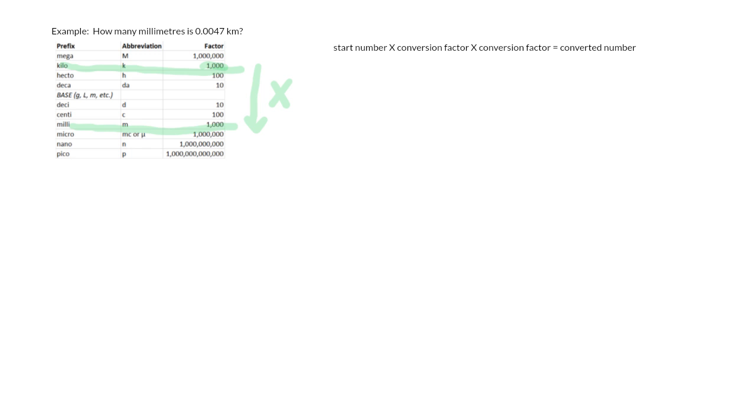So we start at 0.0047. Our first conversion factor is 1,000. Our next conversion factor is also 1,000.